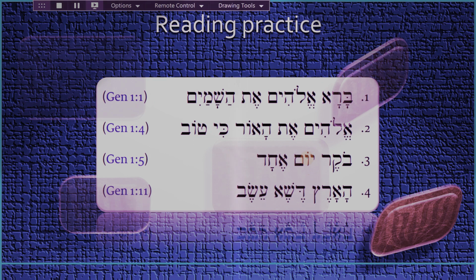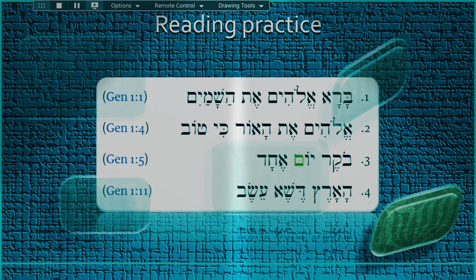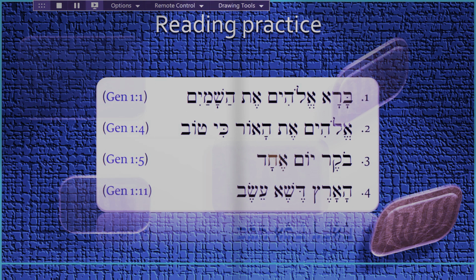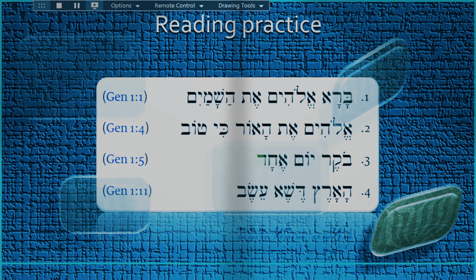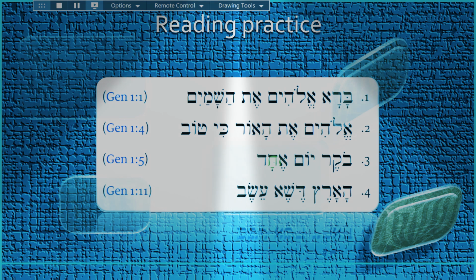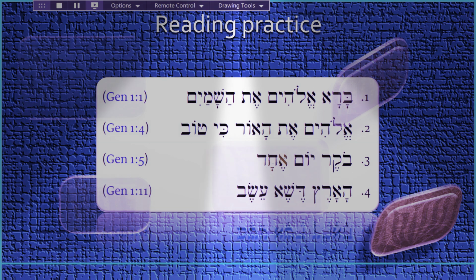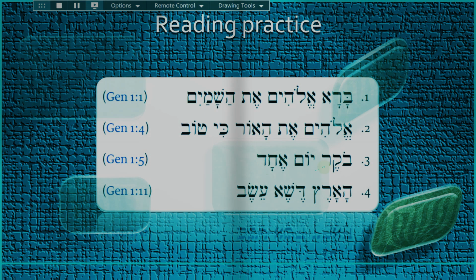So this is the vowel that's associated with the yod. Yom. Read the last word in that sentence. Echad, which means united or one.